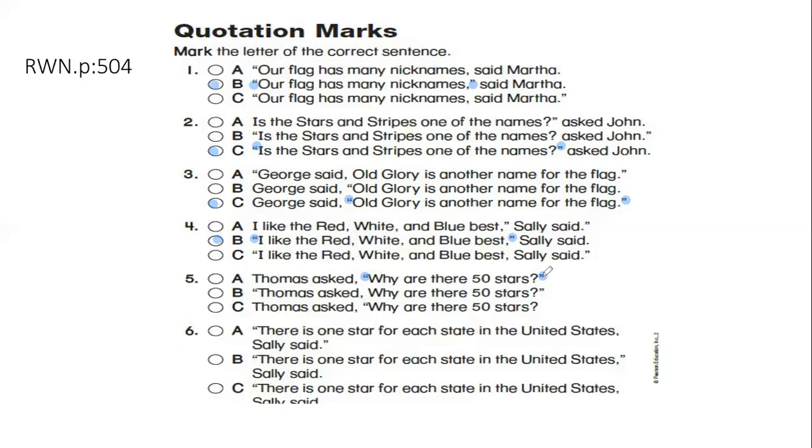Is it correct? Excellent. Yes, it's correct. There is one star for each state in the United States, Sally said. Which one? This is the beginning and no, of course this is not correct. This one, yes, it's B. B is the correct one.